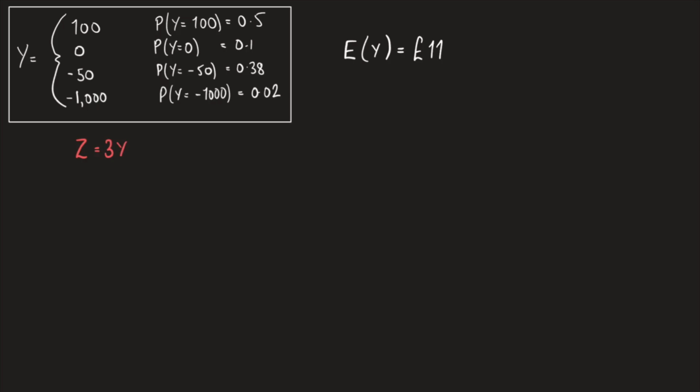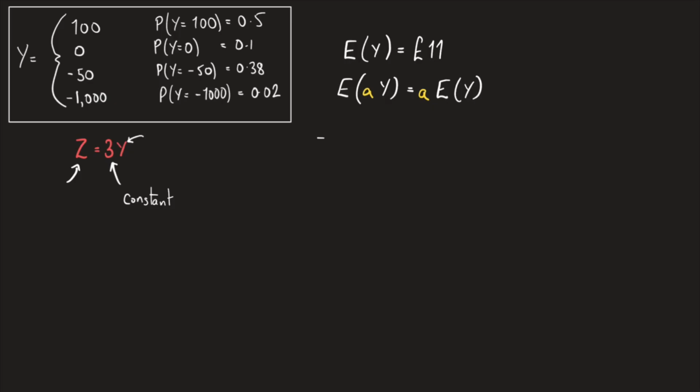Now, if we want to find the expectation of any constant times a random variable, this is just the same as that constant times the expectation of the original random variable y. So in this case, our new outcome z is just equal to 3, which is a constant, times the original random variable y.